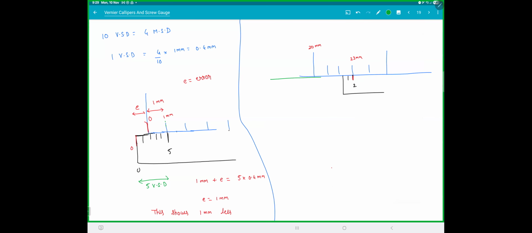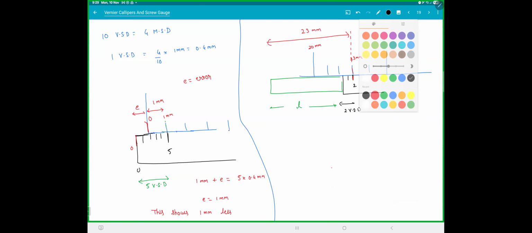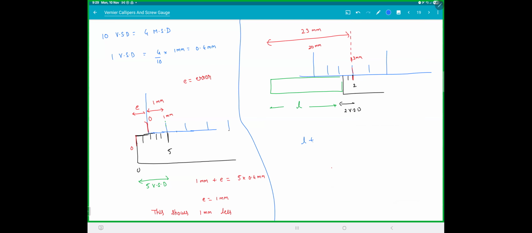Same story. The object must have been somewhere here. Length of the object is L. This is 2 VSD. This is 23 from here. So this was 23 mm. Therefore, length of the object plus 2 VSD, which is 2 into 0.4 mm, must be 23 mm.